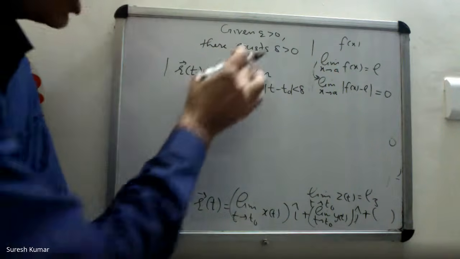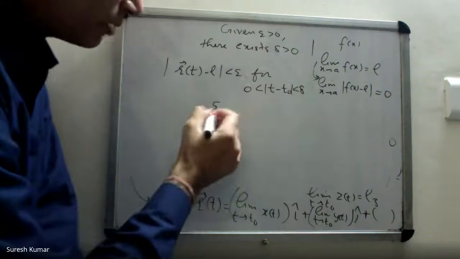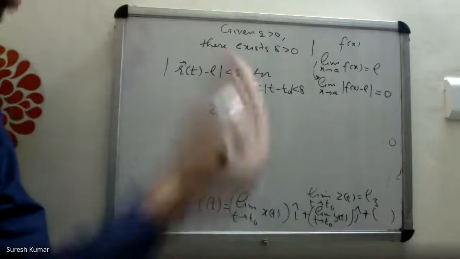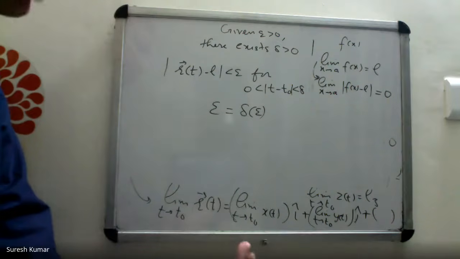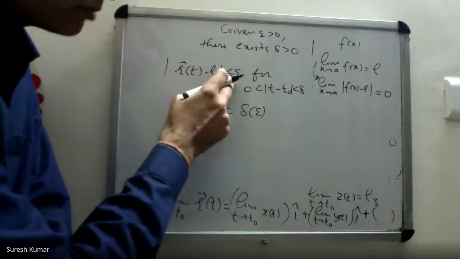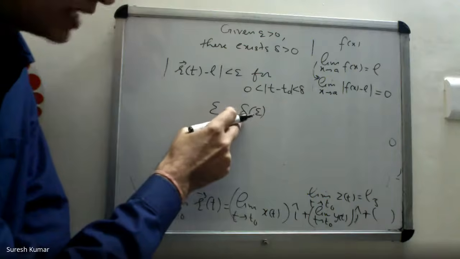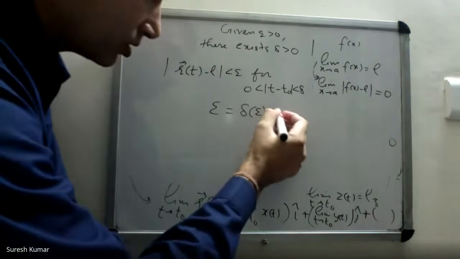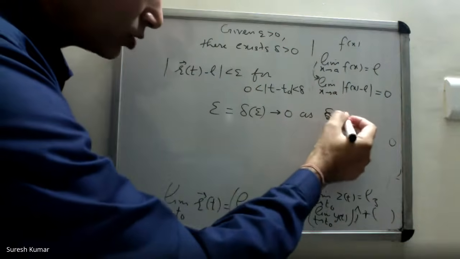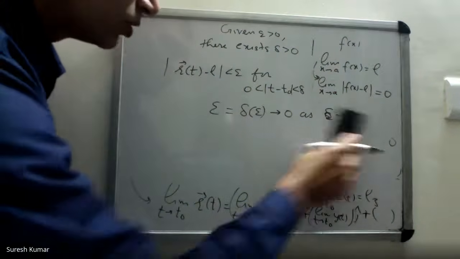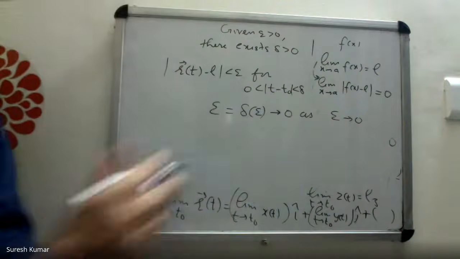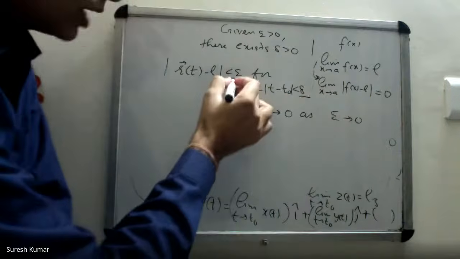Actually, for a given epsilon, we can find a delta depending on epsilon. There is a procedure for doing this. You will see details in chapter 14. For the time being, just understand what I'm telling. For given epsilon, I can find a function delta depending on epsilon such that this goes to 0 as delta goes to 0, or epsilon goes to 0.